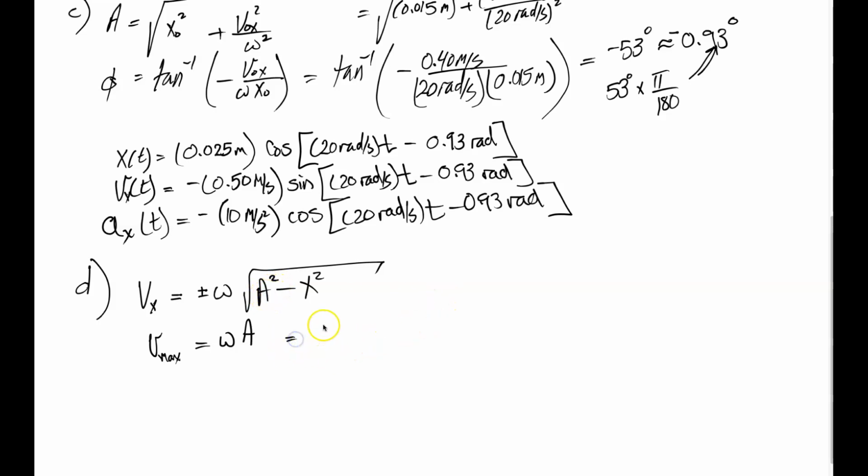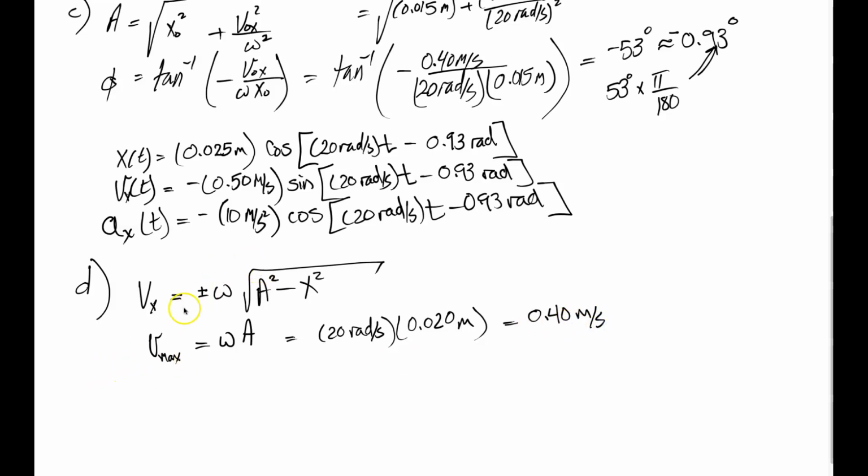And if I do this, I get 20 radians per second times an amplitude of 0.02. Again, I'm using 0.02 because the original problem started with that, and that gives me 0.40 meters per second.